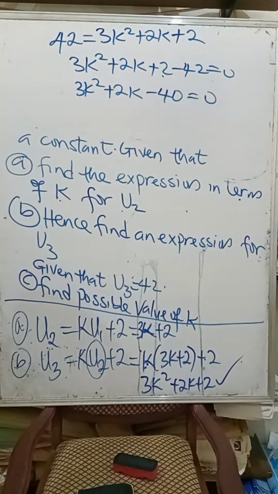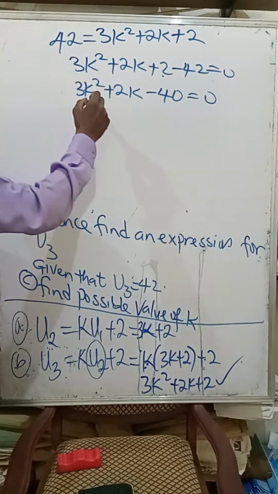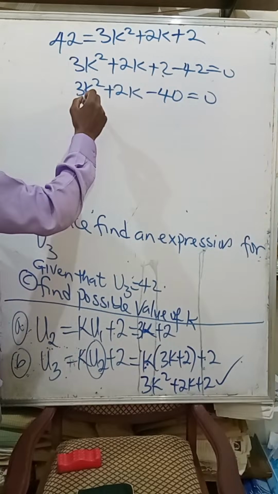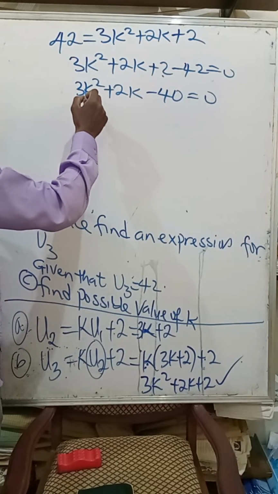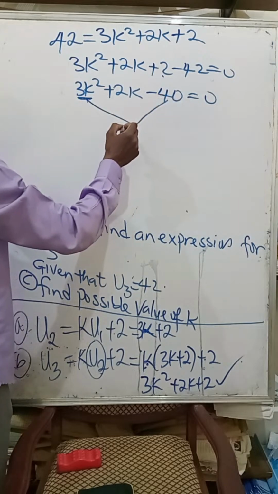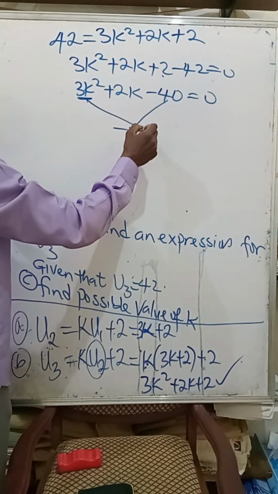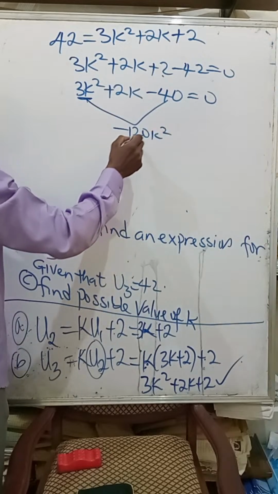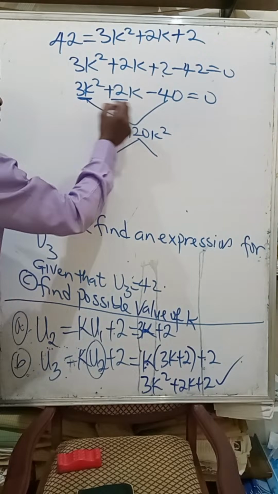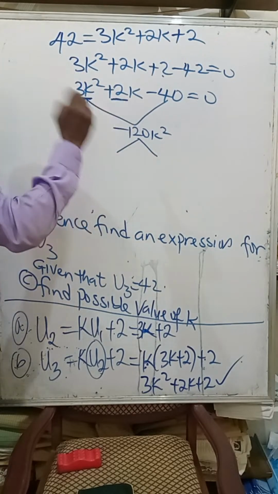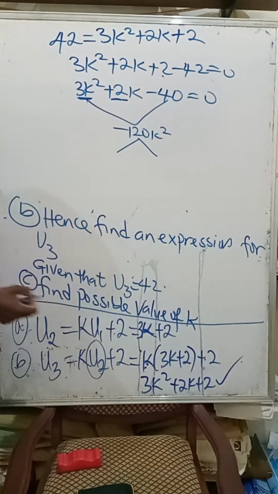Then we can now factorize the quadratic equation. If you want to factorize this, you multiply the first term with the constant term, and that's minus 120 k squared. Then you find the factors of 120 that can generate plus 2, either by addition or subtraction.